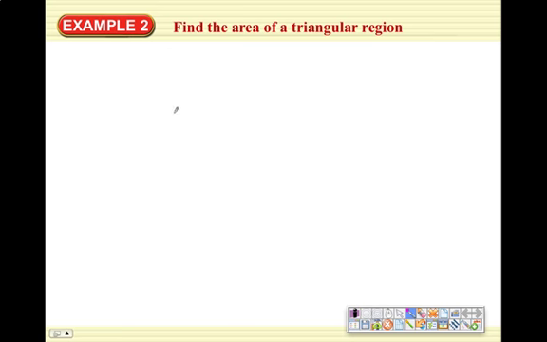So we're going to put these coordinates in here. We're going to put our x's here and our y's here. Negative 1 comma 41 was one coordinate, 0 comma 0 is another coordinate, and 38 comma negative 43 is another coordinate.